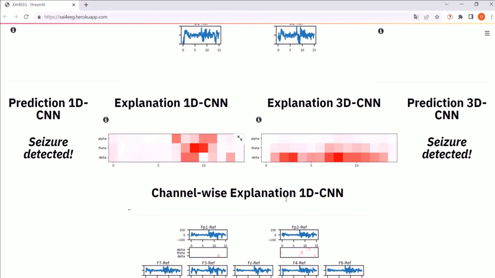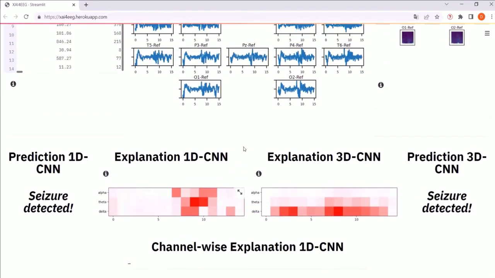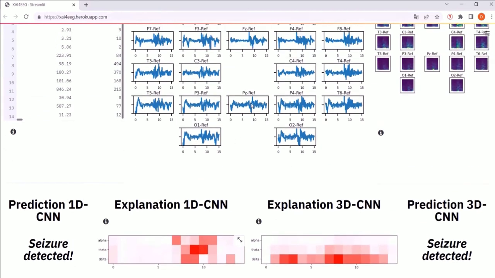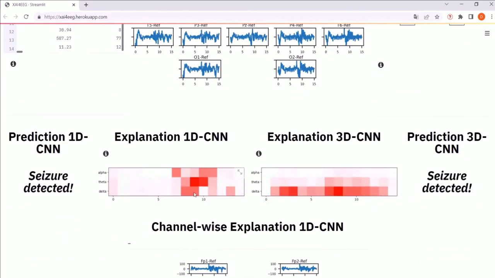We propose a validation workflow to validate the classifier's predictions, where users contrast the returned explanation patterns with the electrographic patterns of the raw EEG signal and the preprocessed data. For instance, the visual explanation for the 1D CNN points to decision-relevant factors in all the three frequency bands in the second half of the interval, around 7 to 8 seconds, where the seizure became obvious.